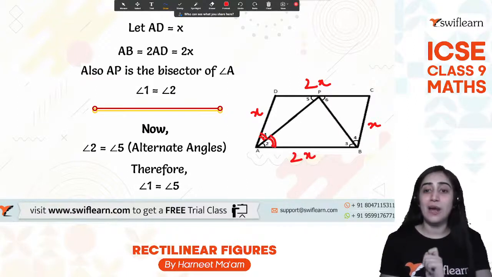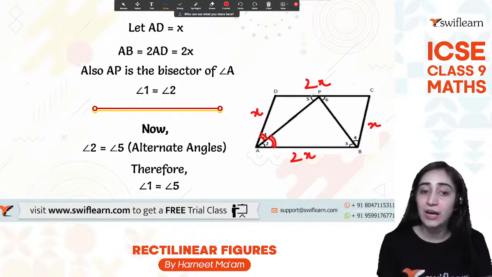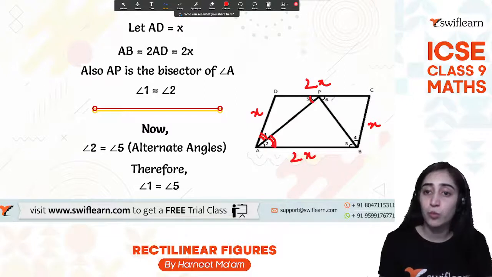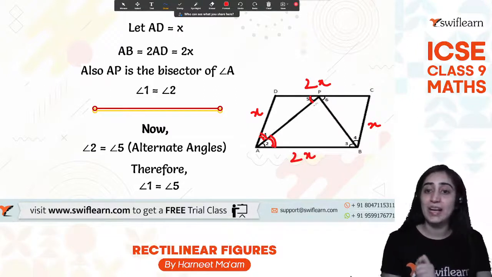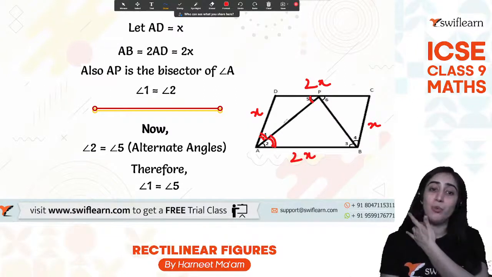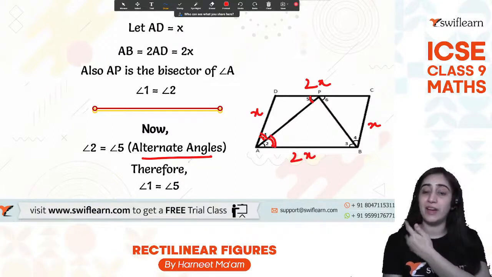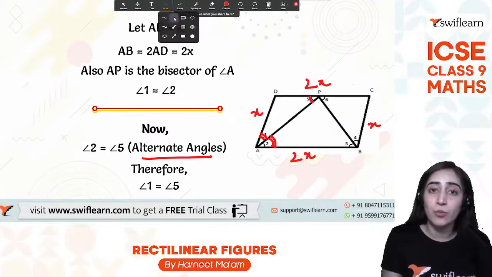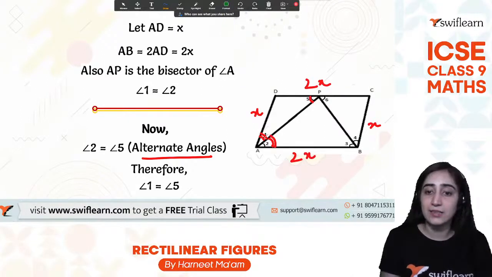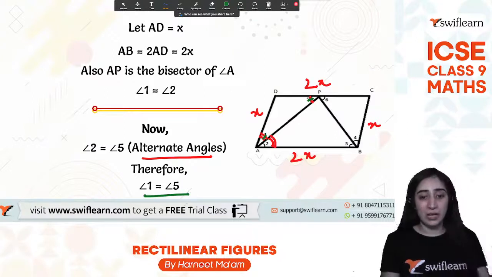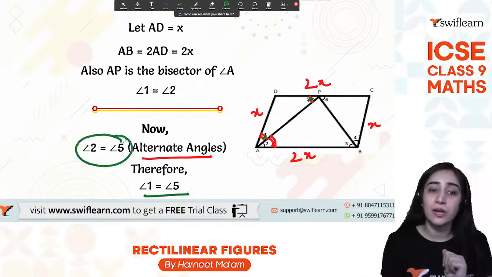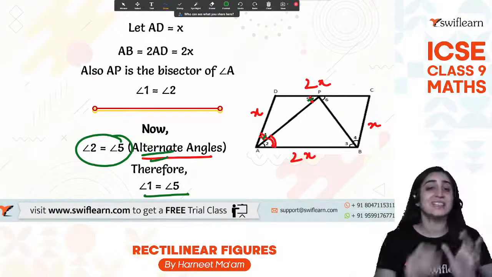What I know is that angle 1 and angle 5 are alternate angles, so they will be equal. So angle 2 and angle 5 are equal by alternate angles. Let me put it together.